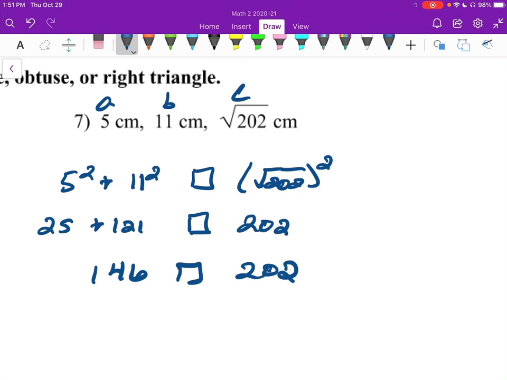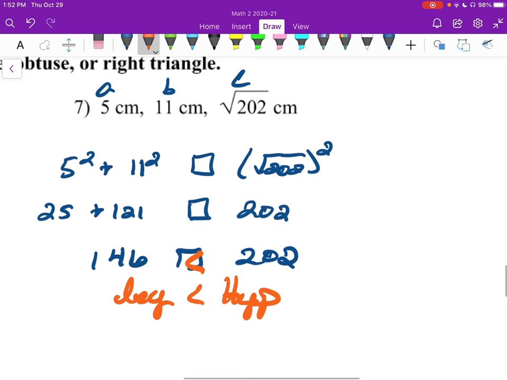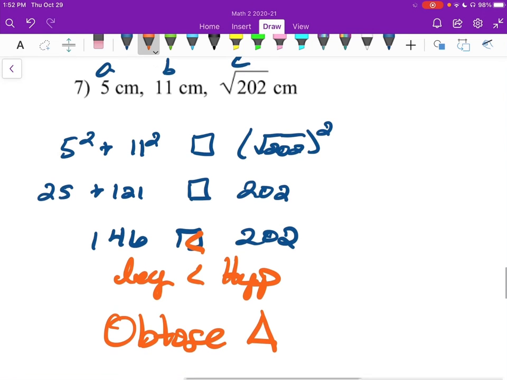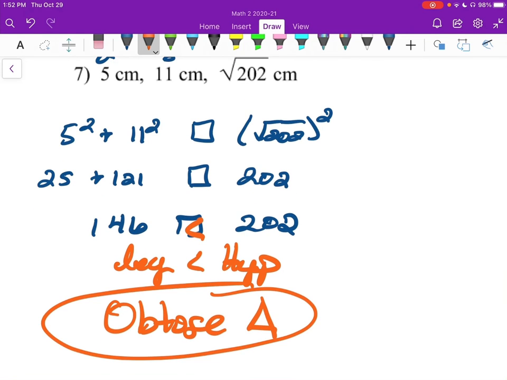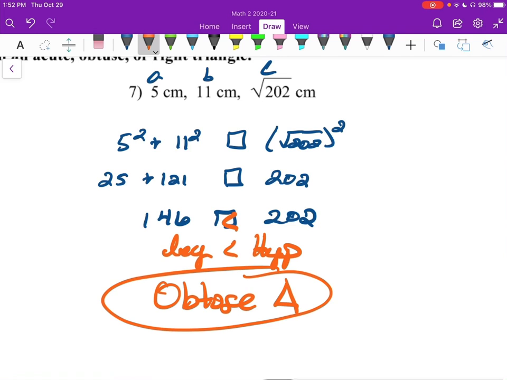Box 202, I guess I could just say the less than symbol. So the leg less than the hypotenuse. We think about our hypotenuse getting bigger, so the angle has to be acute, or the angle has to be obtuse, right? The hypotenuse is bigger, obtuse. Obtuse triangle. All right, there's number 7.